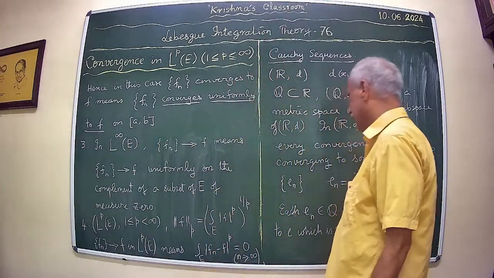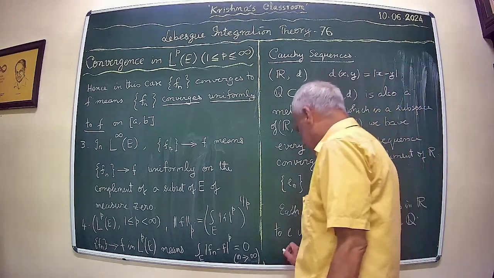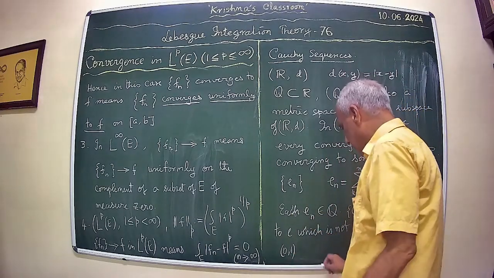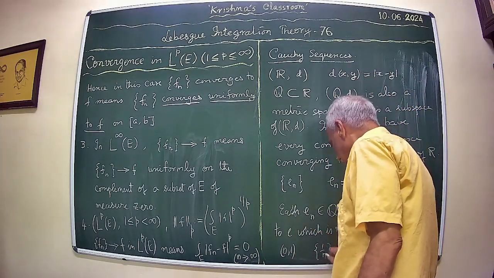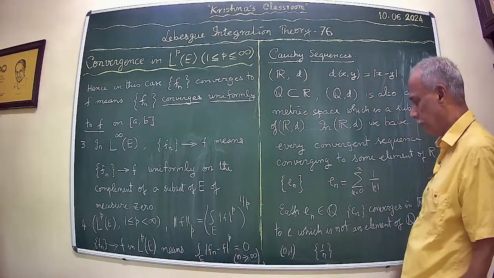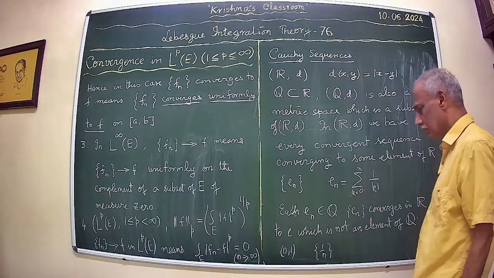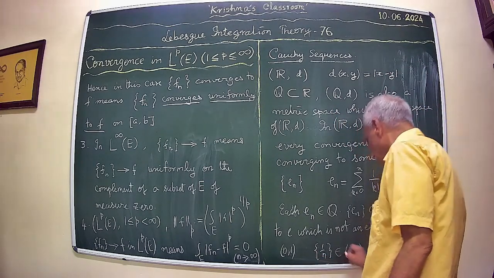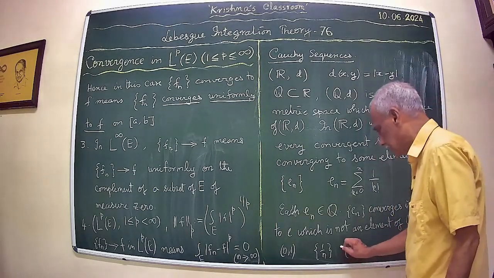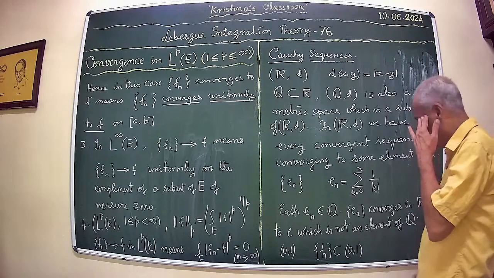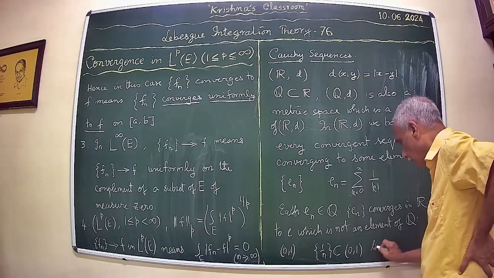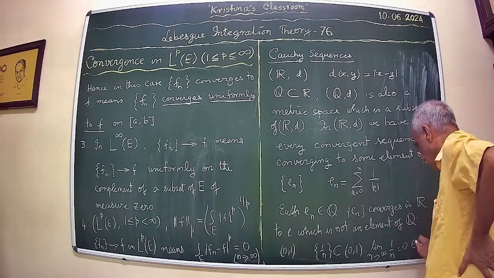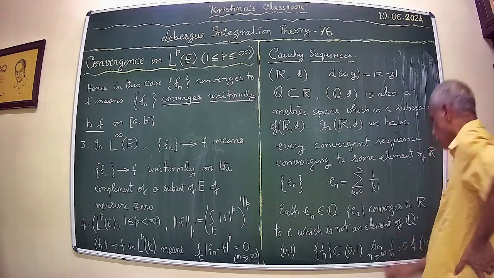Another example: if you take the interval (0, 1), then you can construct a sequence, look at the sequence 1 by n. 1 by n belongs to this metric space, the interval (0, 1), but the limit is 0, which is not in the interval.